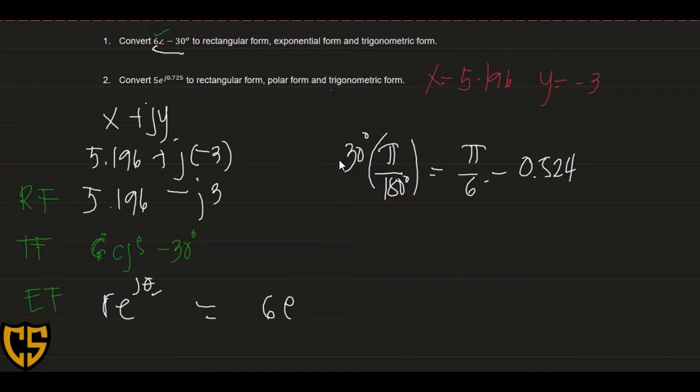So, take note, galing nga negative 30 degrees. So, this will be negative, and this is negative 0.524. So, negative j times 0.524. So, that will now be our tatlo ka final answer for your rectangular form, your trigonometric form, and your exponential nga form. So, amo na siya subong ato nga final answer para sa number 1.